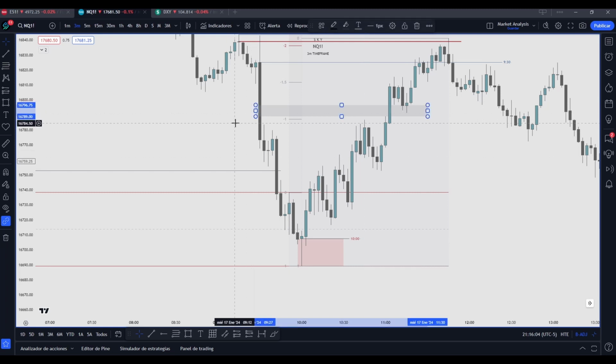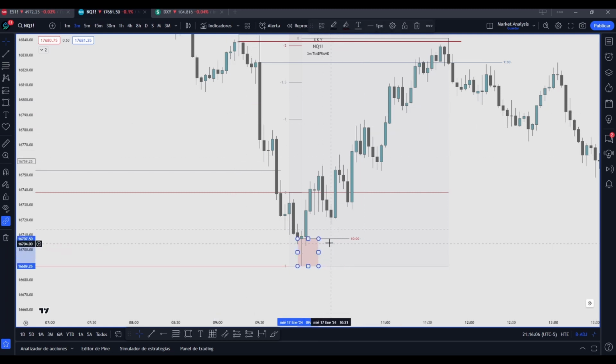So you have this BPR. I would wait a bit for price to start developing. So let's say this is our change in state of delivery. I think I remember this trade, and I take a first trade around here, but I close it almost like here.